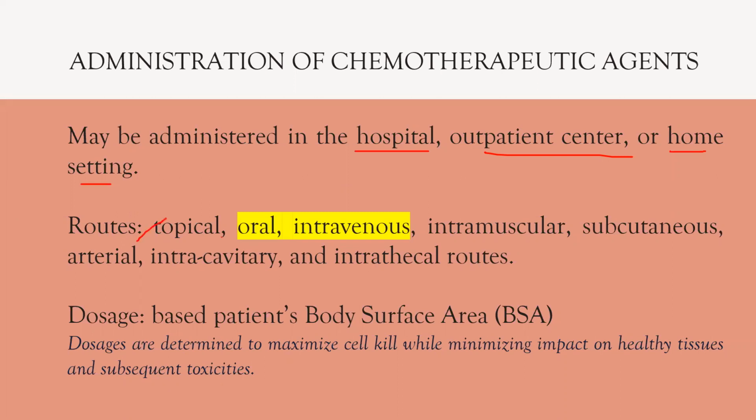Topical, oral, intravenous, intramuscular, subcutaneous, arterial, intracavitary, and intrathecal routes. And the most common that we nurses can encounter is the intravenous means that is given in the hospital setting, augmented by the oral route given at home.